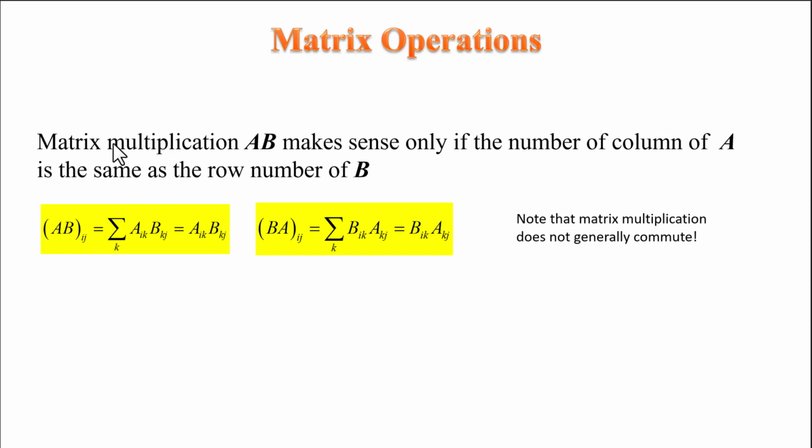Two matrices can multiply. The matrix multiplication AB makes sense only if the number of columns of matrix A is the same as the row number of matrix B, and it's defined this way. So A multiply B produces a new matrix. Its ij component is this.